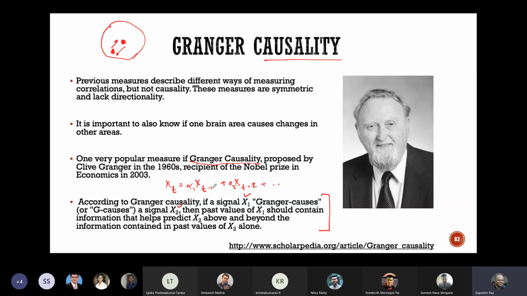And so on. So these are called auto-regressive models. In stock exchange, for example, if you look at the trends in the previous few days, you can make a prediction of how a stock is going to be today. So I can make an auto-regressive model here. And similarly, another auto-regressive model for another signal.